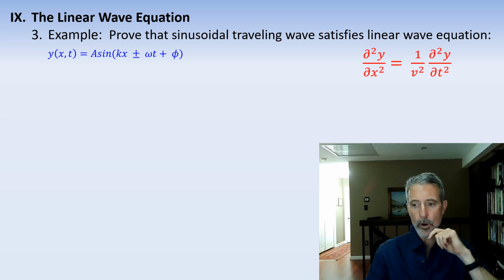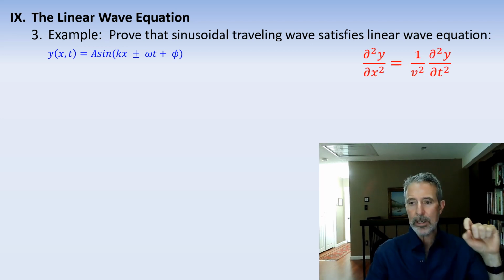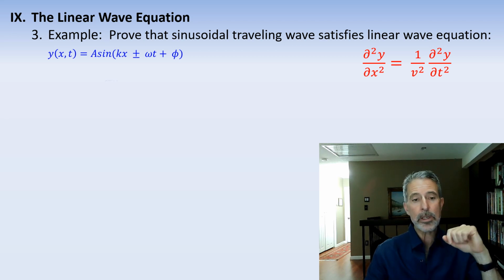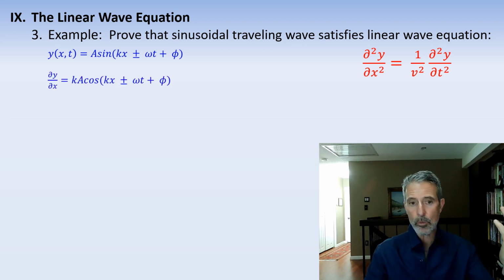Here is our linear wave equation. In order to use the linear wave equation, we are going to need to differentiate our wave function with respect to both x and time. So let's start out here. We're going to take the partial derivative of our wave function with respect to x. That turns our sine function into a cosine function.